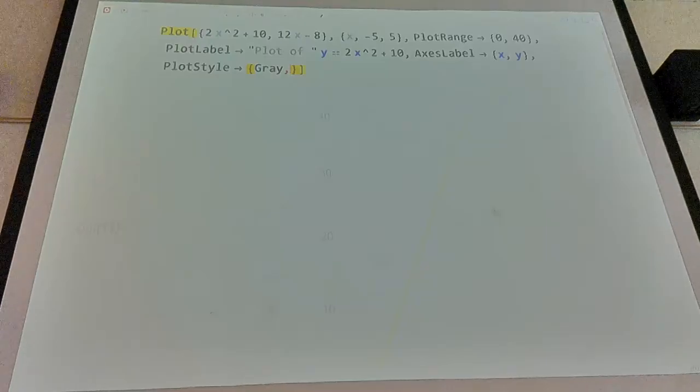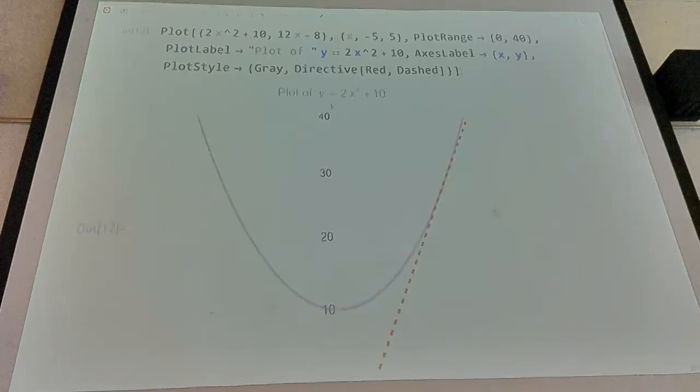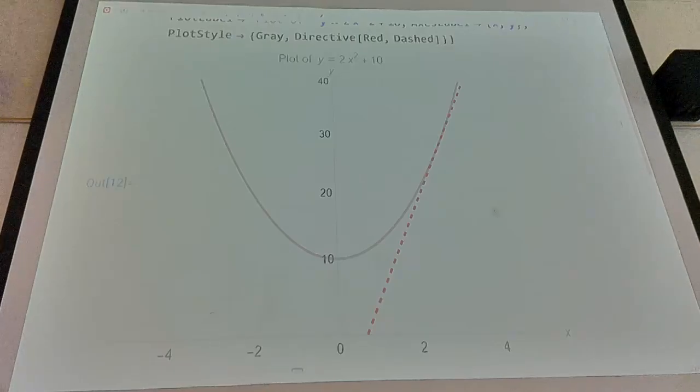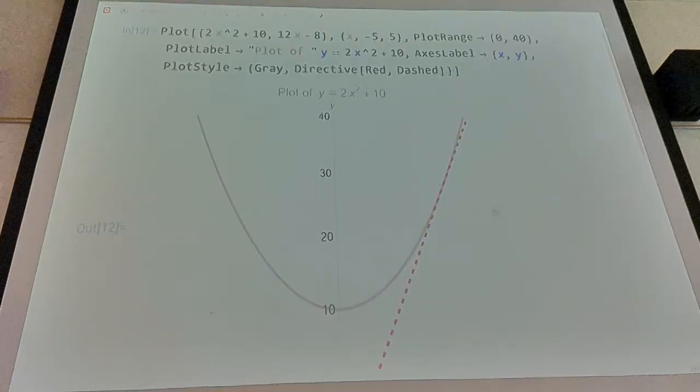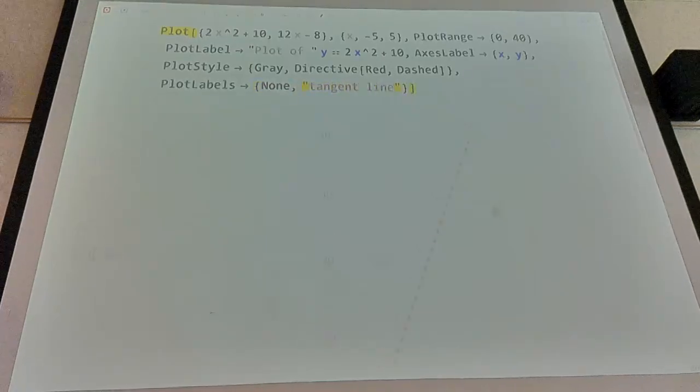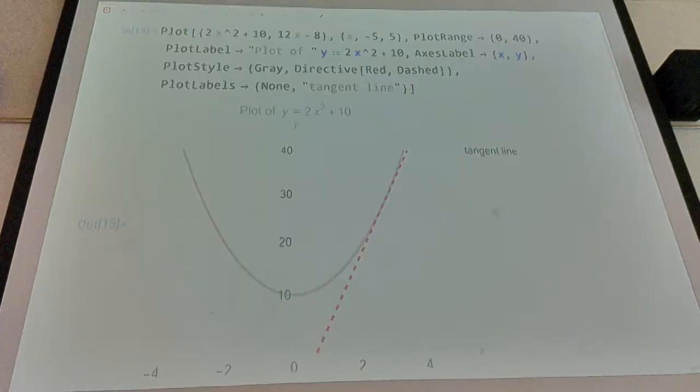So let's say gray, directive, make the tangent line red and dashed. Good. Labels. None. Tangent line.